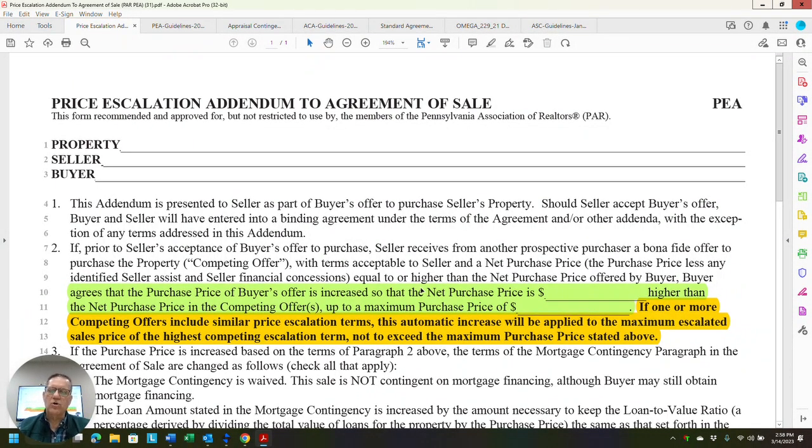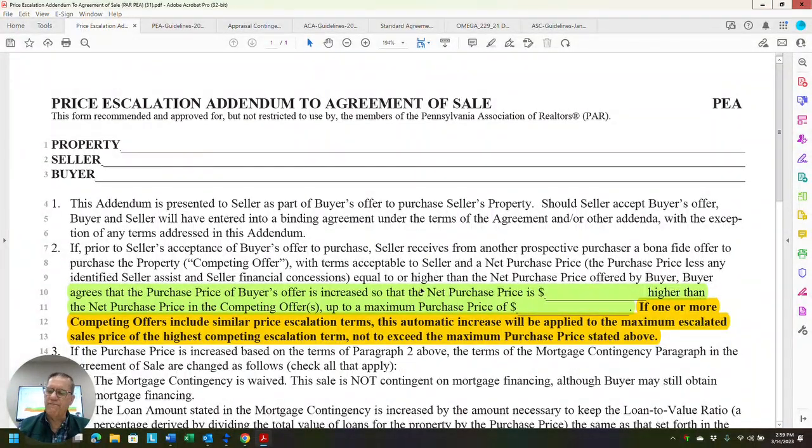On that note, I'll close with the question: should you use a price escalation addendum if you are the first agent submitting an offer on a property, and you verified with the listing agent that there's other activity, a potential of other offers, but there are no offers in at this time?